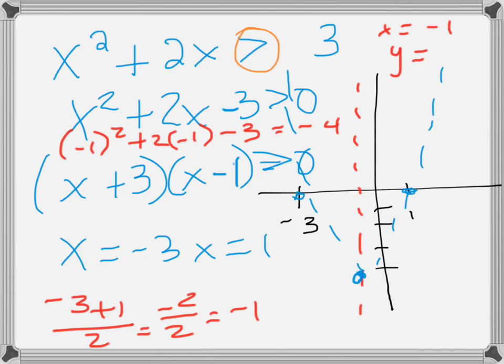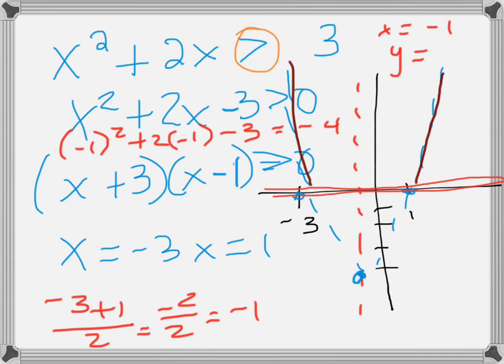Now if you notice, there's no y. We are actually solving for when this inequality is greater than 0. The 0 line relies on the x-axis. So we're looking for those values that are greater than 0. On the right, this would be the section that's greater than 0, and on the left, this would be the section that's greater than 0.